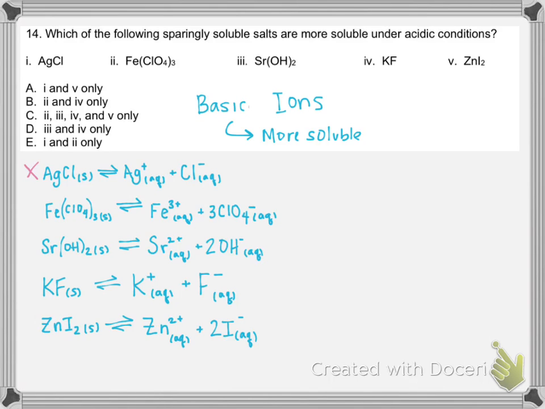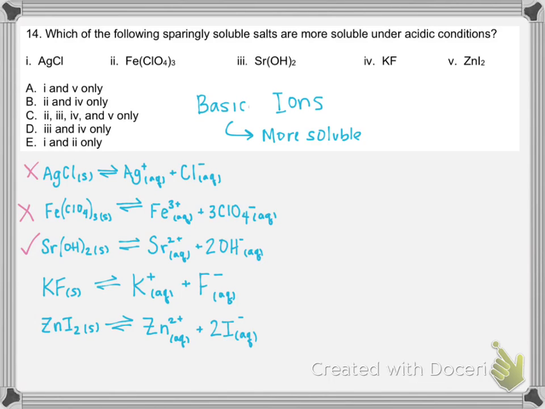Iron perchlorate, neither of those are basic. Iron is a good Lewis acid, and perchlorate is a spectator. With strontium hydroxide, strontium is a spectator. But hydroxide, of course, basic. So this would be more soluble in acidic conditions.